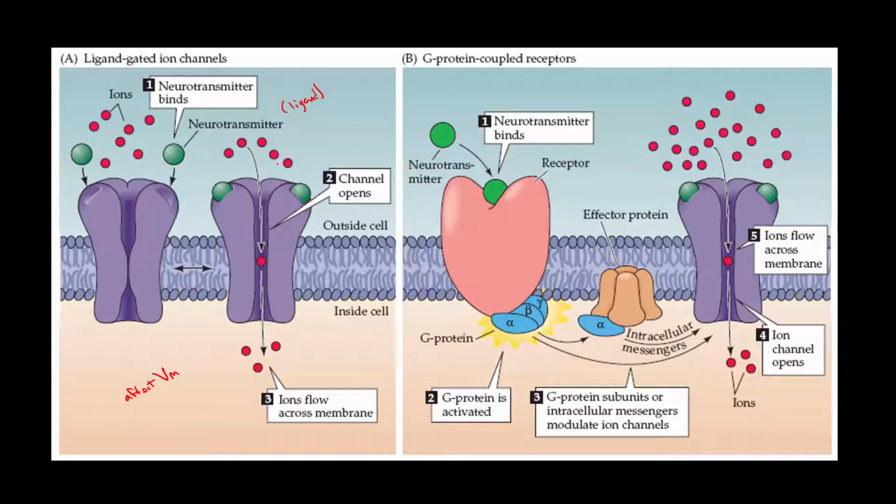Okay? Now, what that effect will be depends on the ions. What if these are sodium ions? When sodium comes in, I'm adding positive charges to the inside of the cell. That's going to be depolarizing or excitatory. What if these are chloride ions, Cl minus? Now, negative ions are coming in. We're adding negative ions, hyperpolarization.